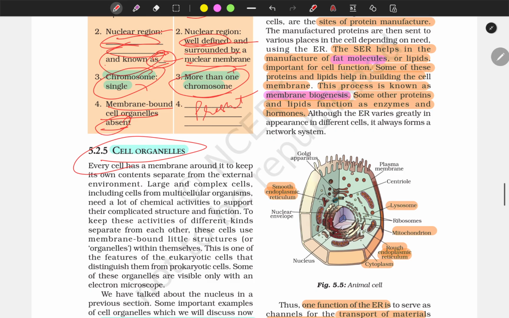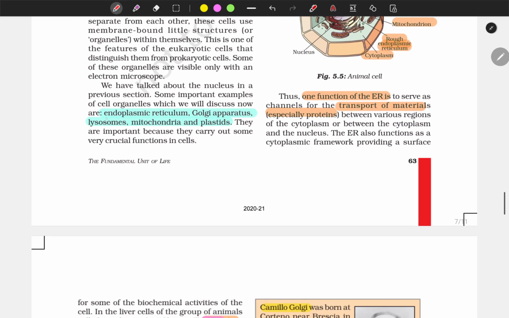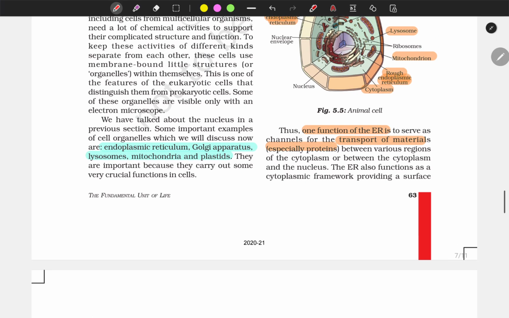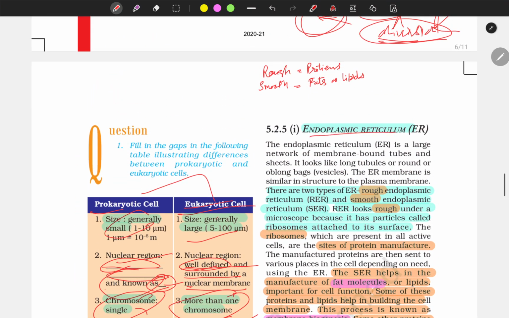Now let's talk about the cell organelles. There are multiple specialized cell organelles: endoplasmic reticulum, Golgi apparatus, lysosomes, mitochondria, and plastids. We will discuss their functions here.